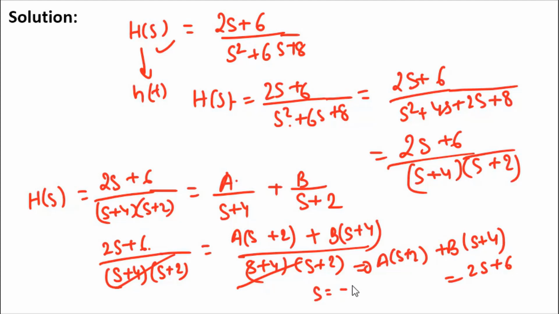When you put s equal to −2, you get B equal to 1, and when you put s equal to −4, you get A equal to 1. Now H(s) by the help of partial fractions can be written as 1/(s + 2) + 1/(s + 4).